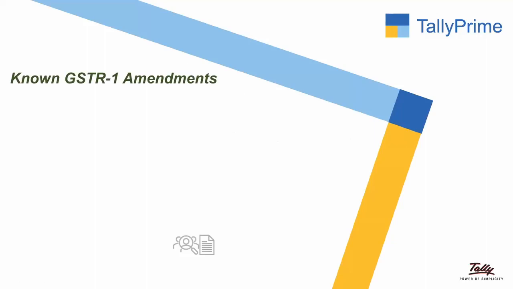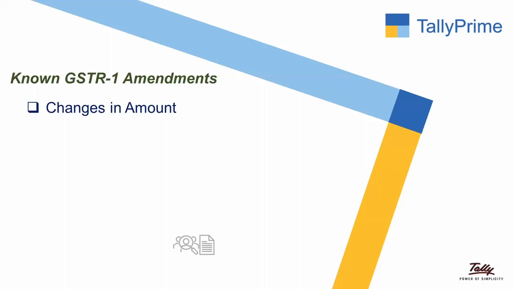Known GSTR-1 amendments you are all well versed in, over the past 6 years of implementation of GST. What are all the possible amendments? I'll just quickly put you through the practical amendments. The changes in amount, for the tax invoices which I have already uploaded in B2B transactions.